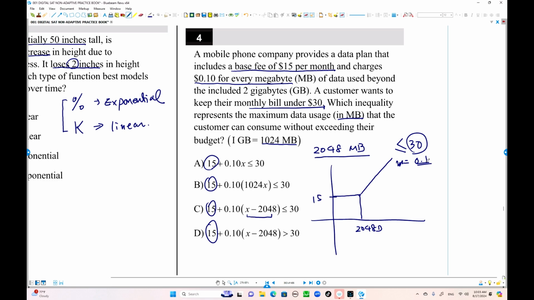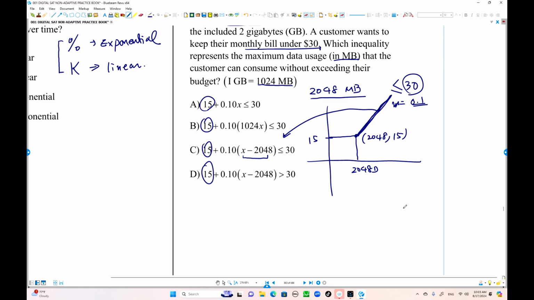What's the equation of this one? You can use the slope formula. When x is 2048, it is 15, so we're going to find the equation of this line. Or you can use point slope, which looks like this: y minus y1 equals slope times x minus x1.